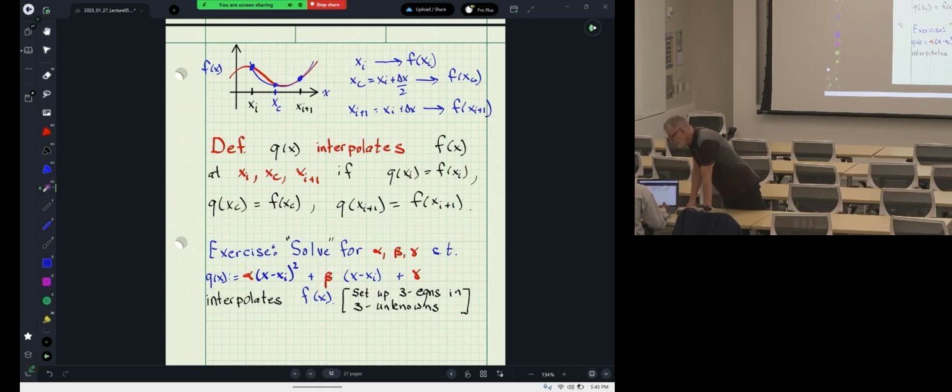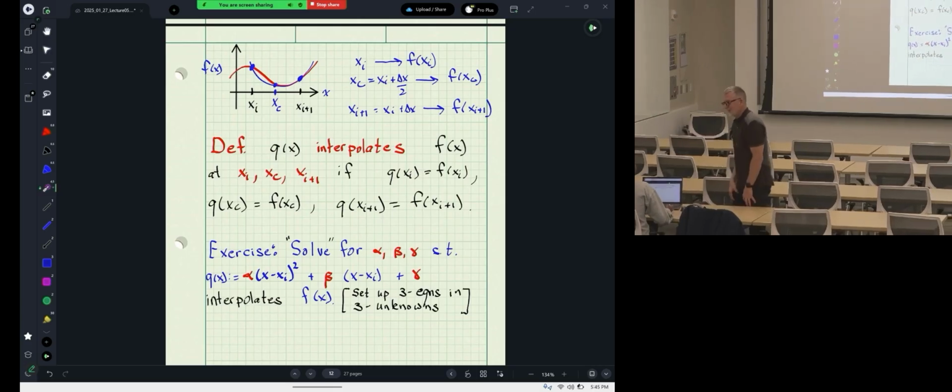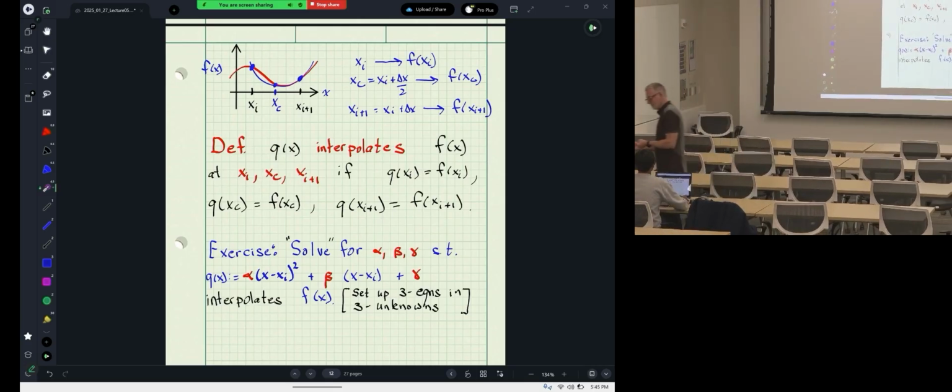Alpha, beta, gamma are the only unknowns. But every time we substitute a value, we get a different equation. So we get 3 variables and 3 equations. It'll be linear in alpha, beta, and gamma. That's what interpolation is. It's just setting up the equations.